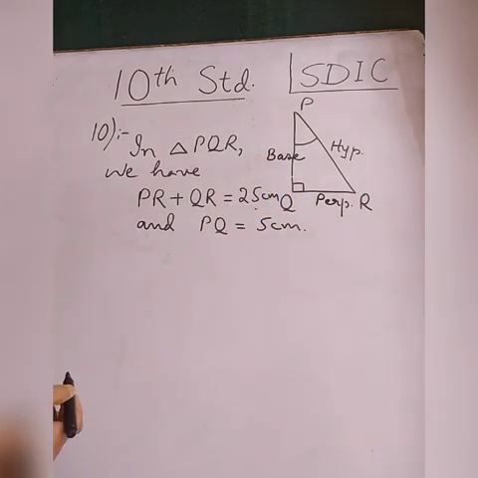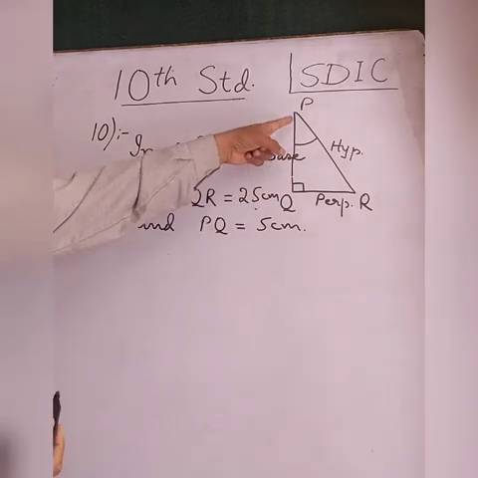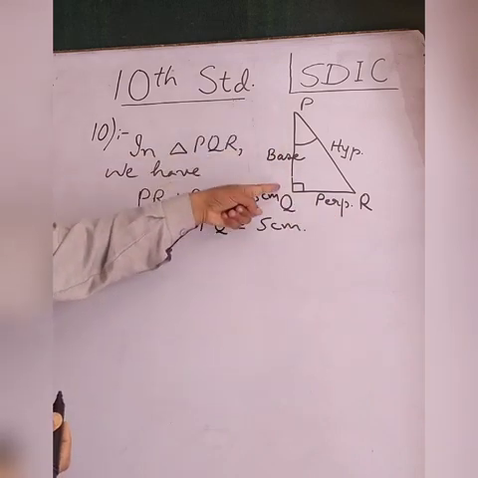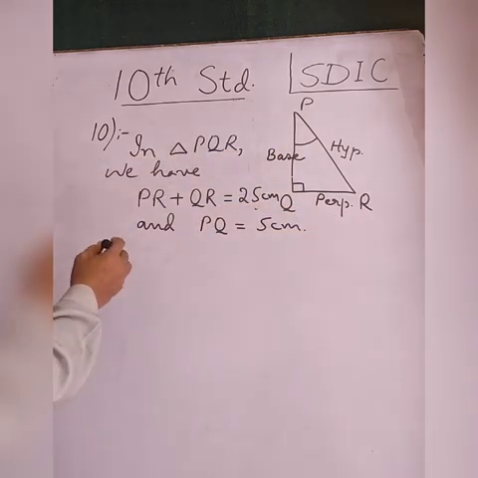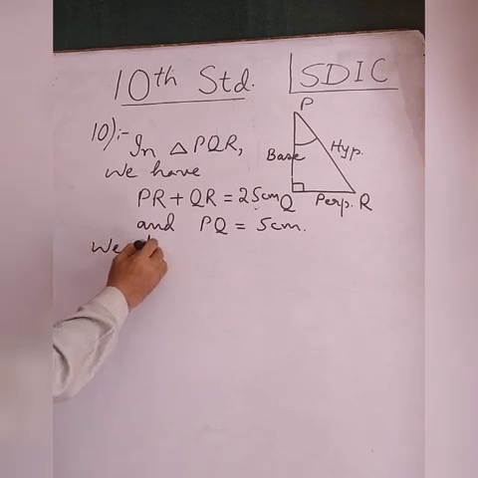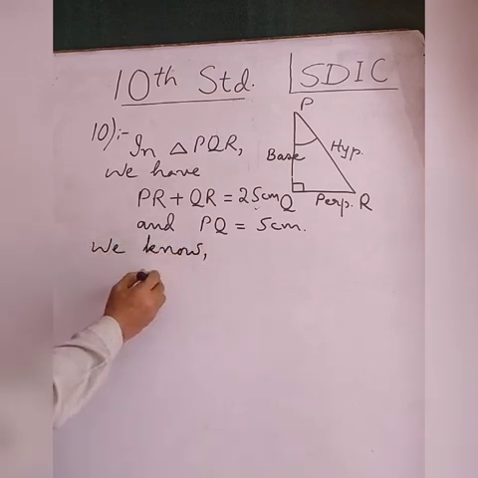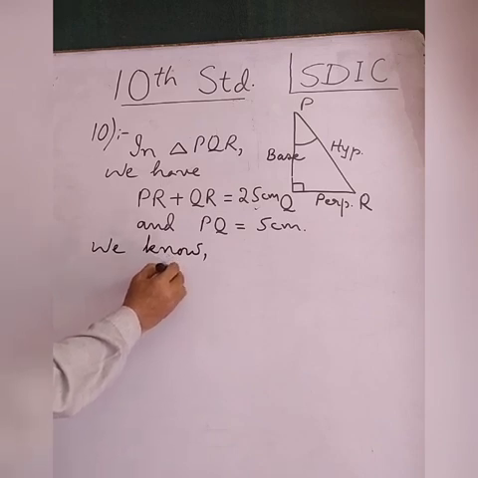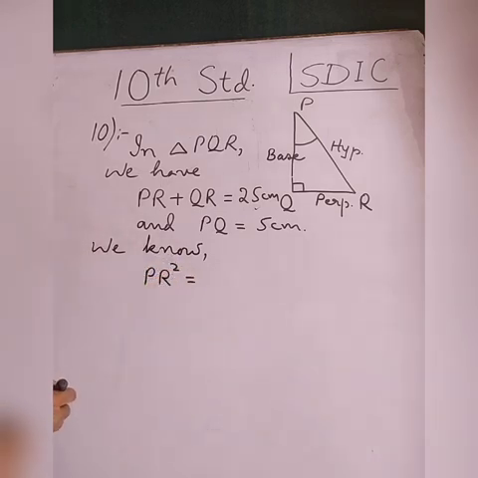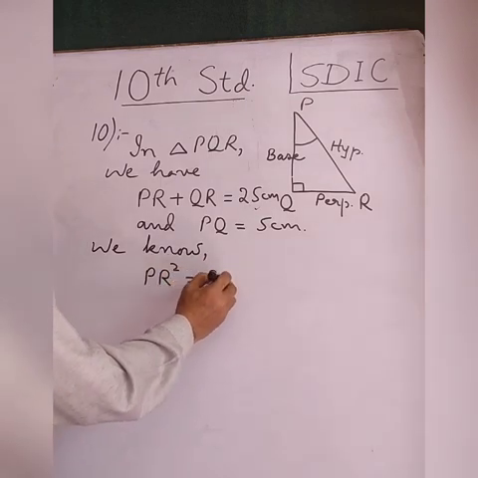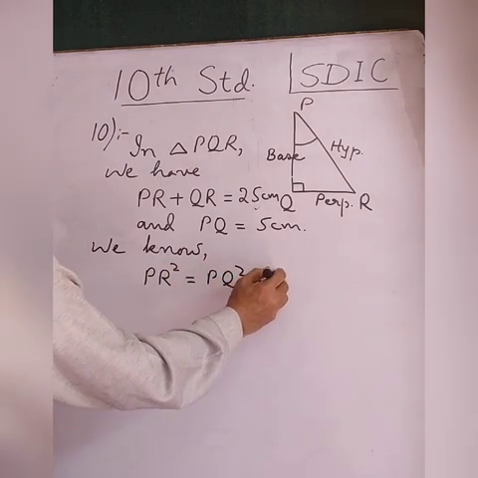Now use this information to find the remaining two sides. There are a number of ways of doing this. One of the ways is application of Pythagoras theorem. According to Pythagoras theorem, we'll have PR square equal to PQ square plus QR square. Right? The square of the hypotenuse is equal to the sum of the squares of the other two sides.